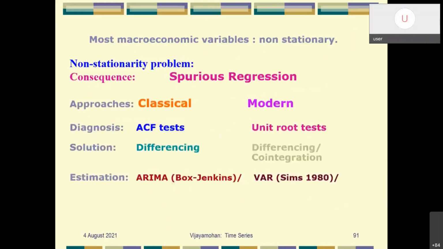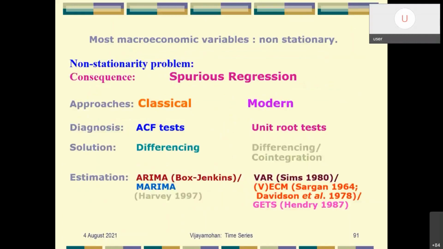So I am just recapping everything. Most of the macroeconomic variables are non-stationary. If we have a non-stationary problem, the consequence is that we are getting spurious regression with the level variables. We have two approaches, classical and modern. The diagnosis for non-stationarity for the classical one is the ACF test, that is the correlogram.